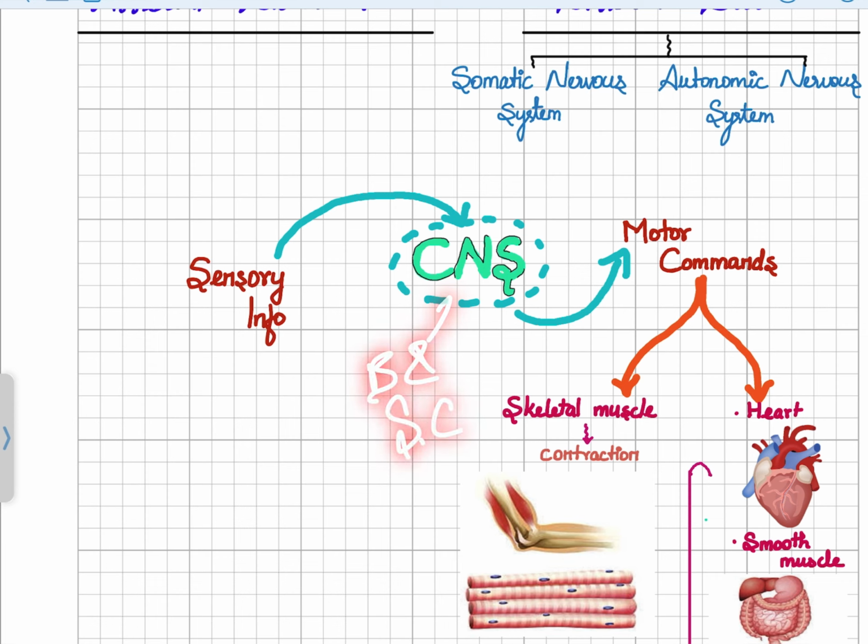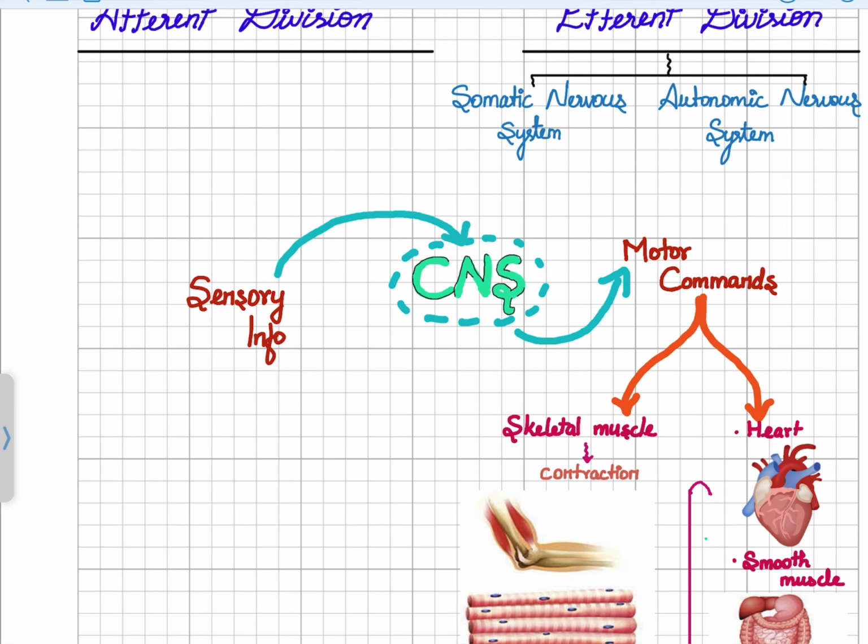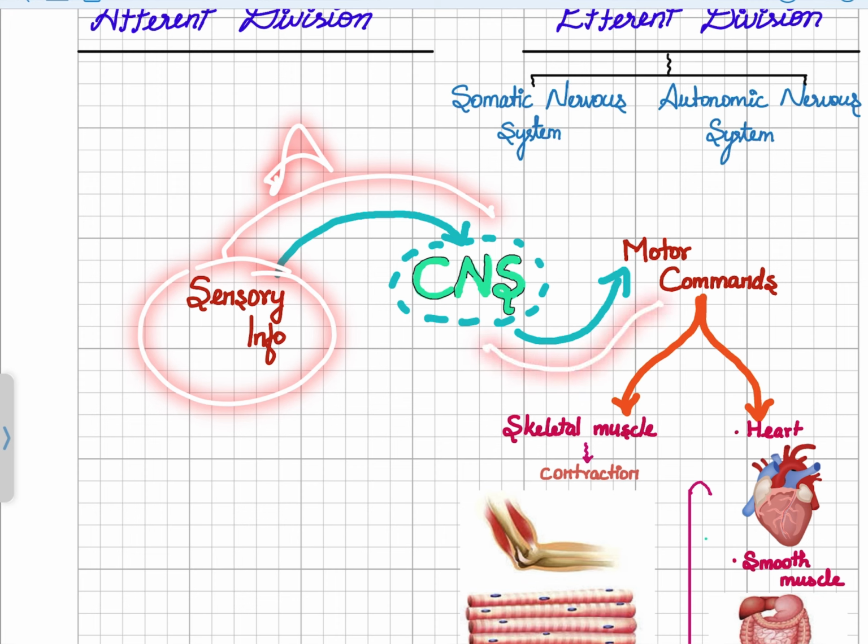What I already said is that we need some info: the sensory data gets in, and motor commands get out. Nerves which take sensory info to the CNS are afferent, and the nerves which take info away from the CNS, which means the ones that take away these motor commands, are efferents.